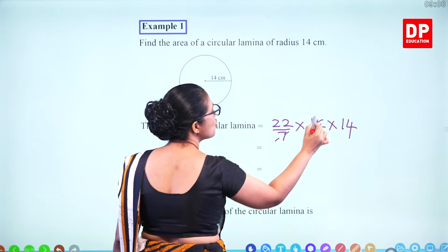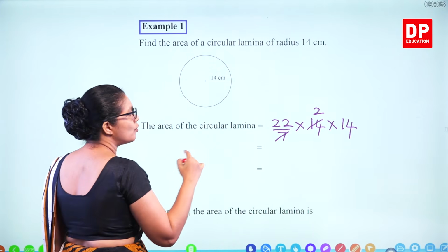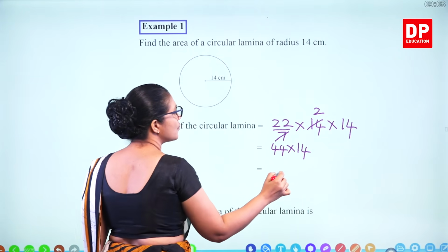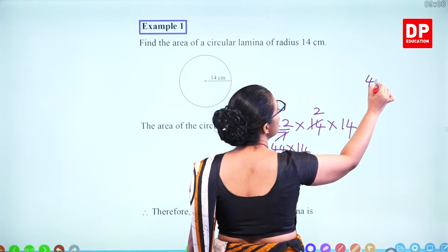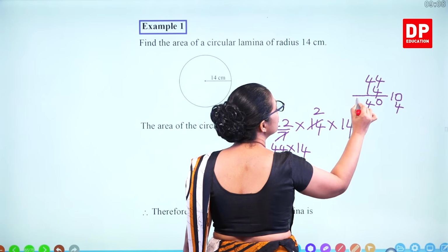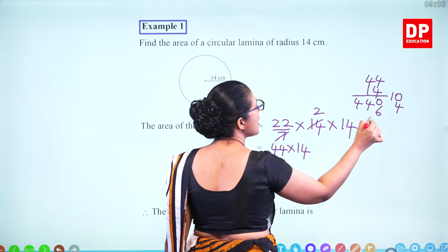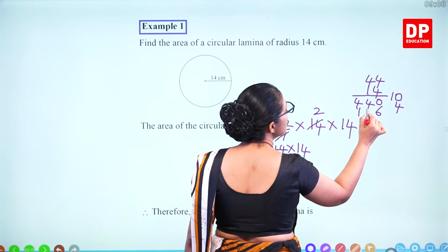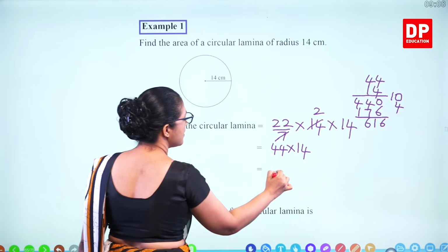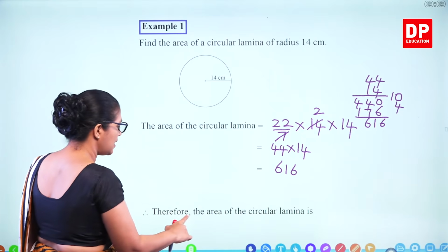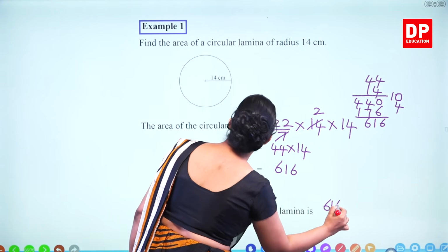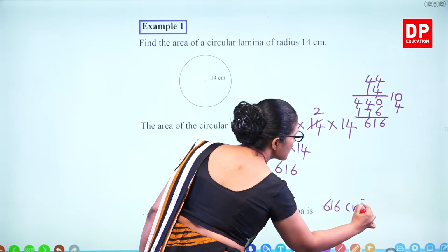So 7 times 2, so 44 into 14. 4 times 4, 16, 4 times 4, 16 plus 1, 17. 616. So what's the area of the circular lamina? 616 square centimeters.